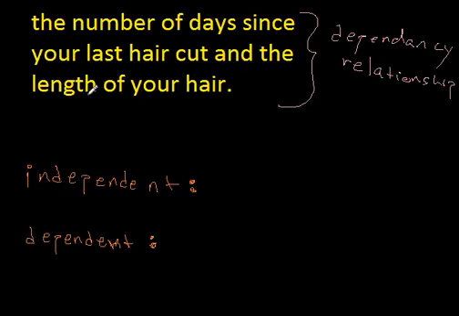I already stated earlier, the length of your hair depends on the number of days since your last haircut. So obviously the independent variable is days. Just to restate it, since the dependent variable relies on the independent variable, or the length of your hair relies on the number of days since your hair was last cut, the length of your hair is going to be the dependent variable.